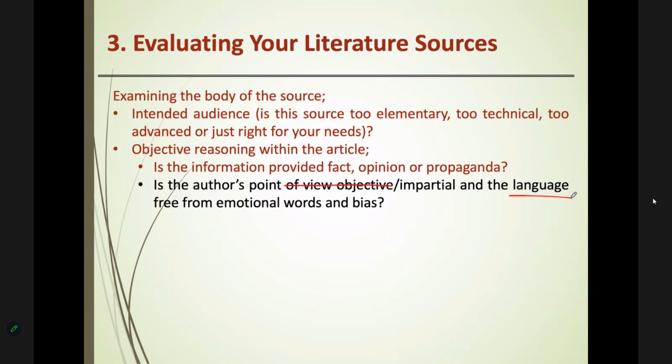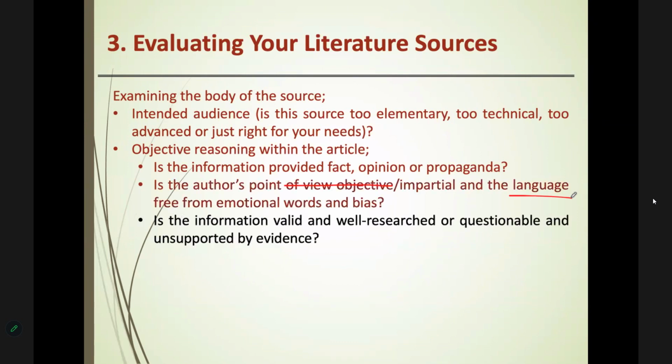So you have to see whether it is free from bias and free from emotional words. It should be a standalone paper without partiality, right? When you read the article, you will realize how these articles were written, whether it is well researched or questionable evidence is used, right?